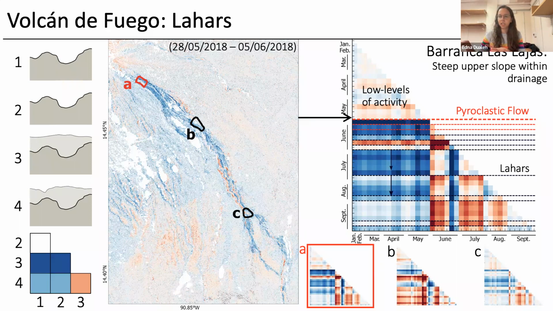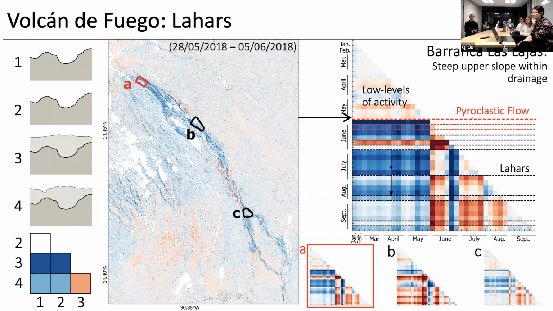If more material is being deposited in that area, that could explain the different signals between the different grids. Okay, great, thanks.